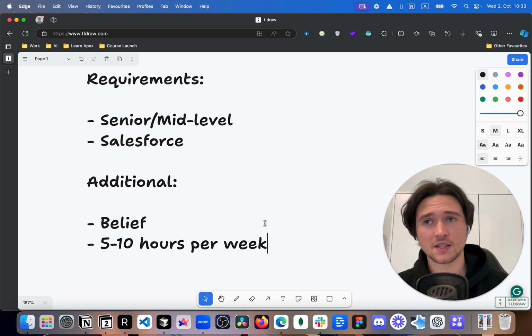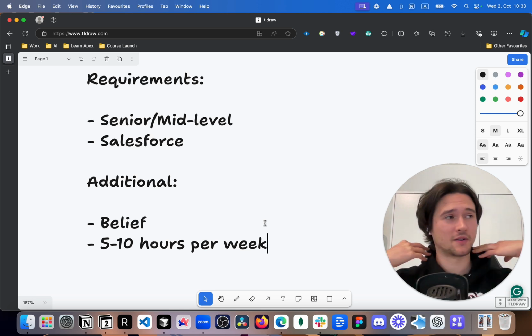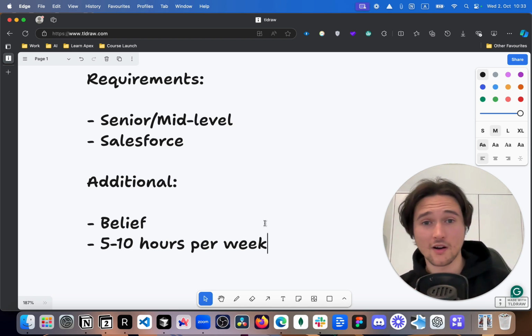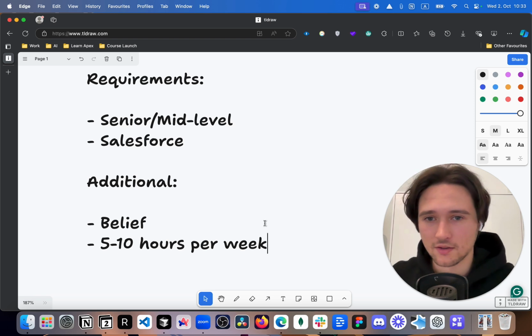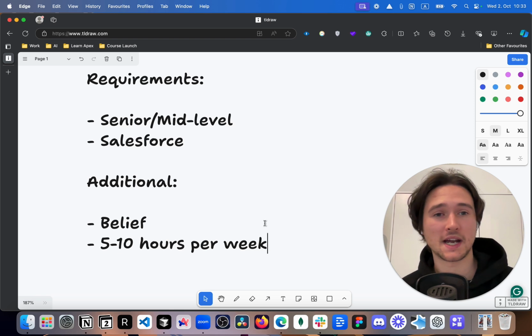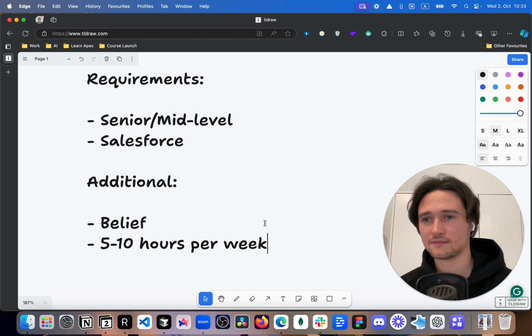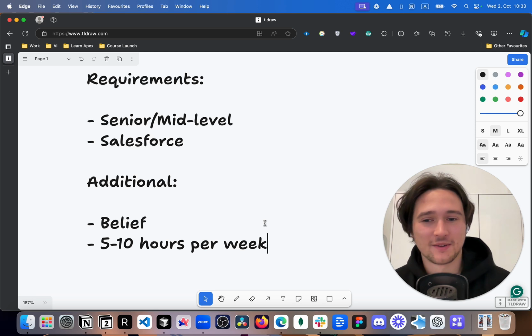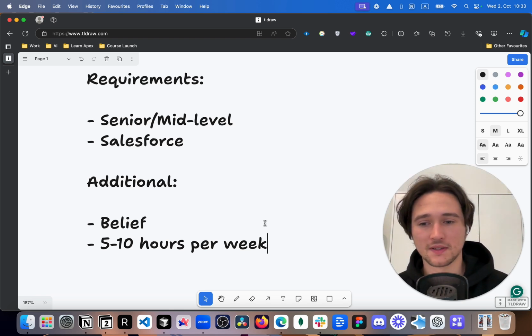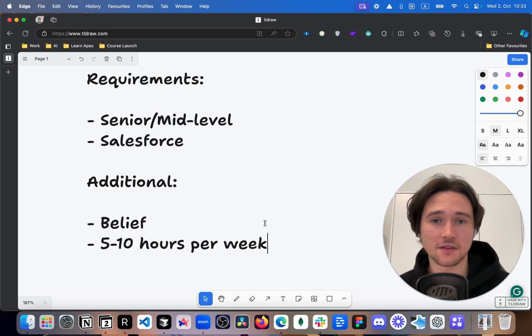And there's no life hack around it. I'm sorry. If you wanna learn something hard like Salesforce development, it's not easy, right? It's hard. If you wanna learn something hard, you need to find time for it. That's just how it works. Without time, you won't be able to do it. And the more time you have at your disposal, the faster you can progress.